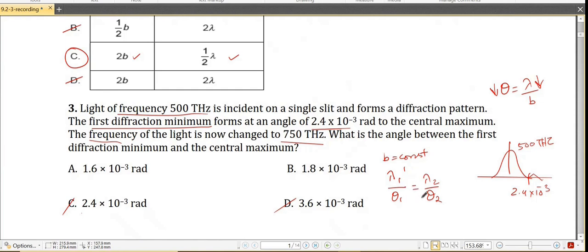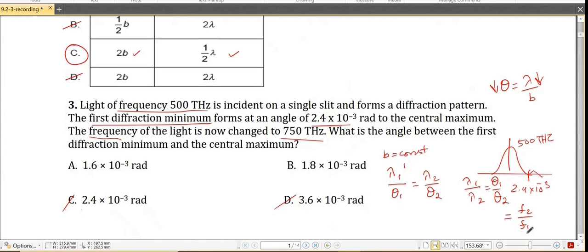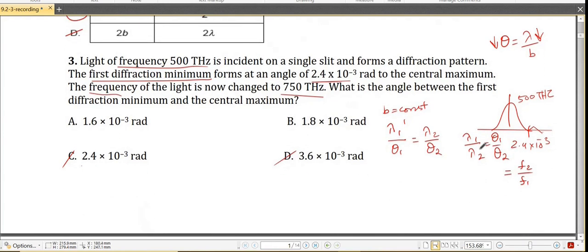So I can just rearrange it: lambda 1 upon lambda 2 will be equal to theta 1 upon theta 2, which will be equal to F2 upon F1, because lambda and frequency are inversely proportional. So now my equation turns out to be theta 1 upon theta 2 equal to F2 upon F1.